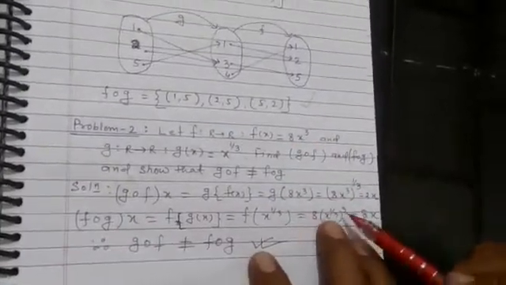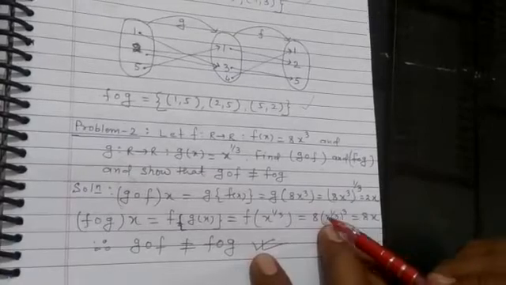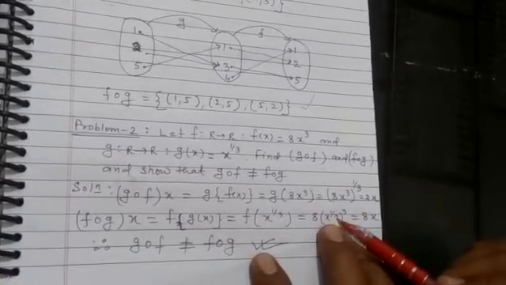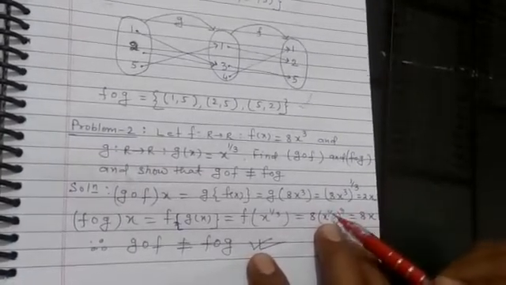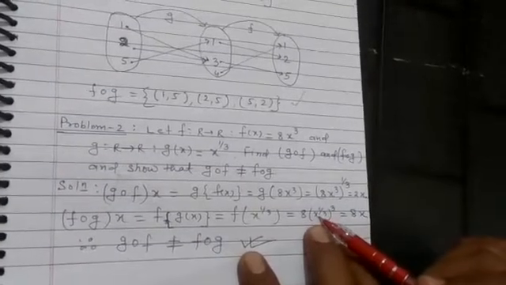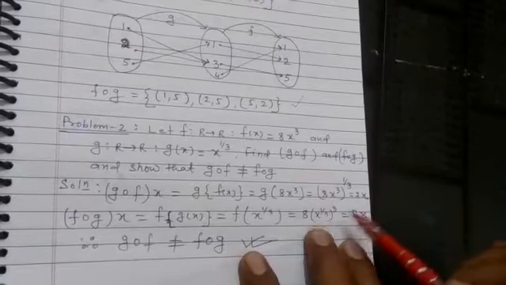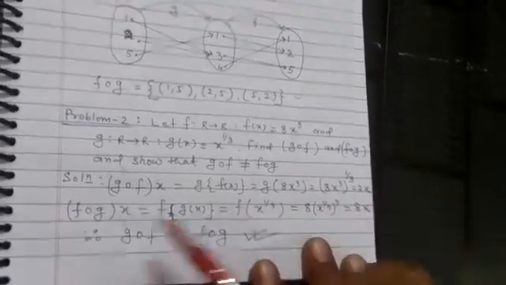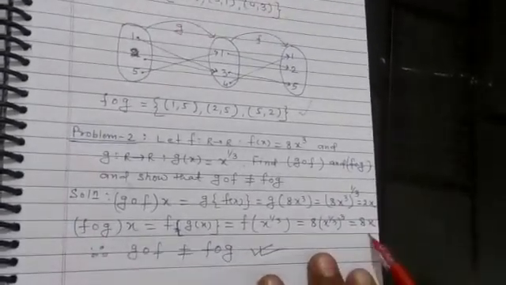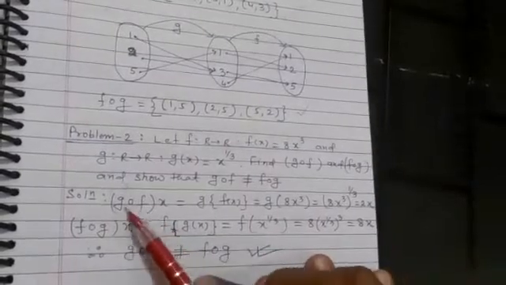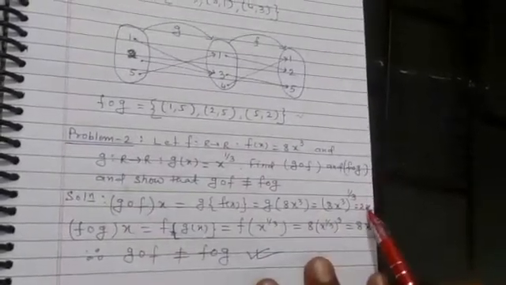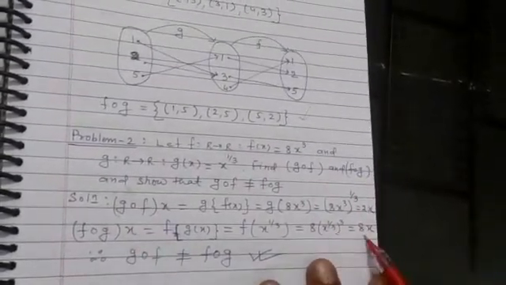So 8 into, in place of x, x to the power 1 by 3 and taking its cube. The cube of the cube root of x is x itself, and 8 is as it is. So fog(x) equal to 8x. This is the result: gof(x) equal to 2x and fog(x) equal to 8x.